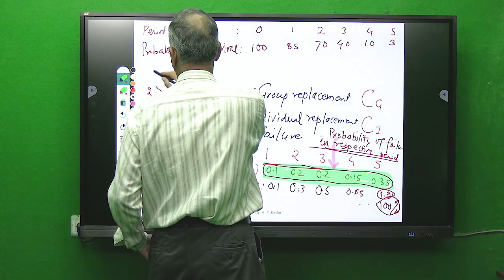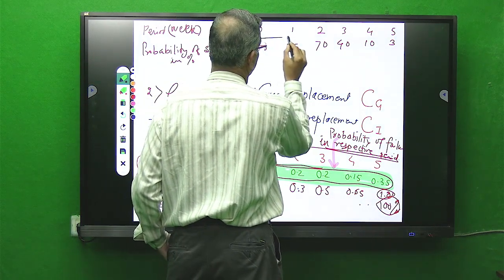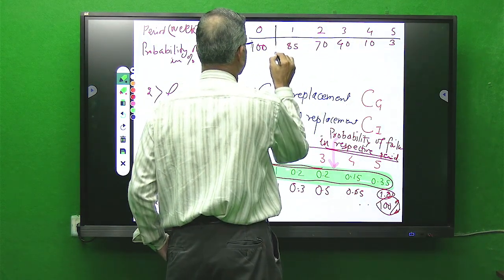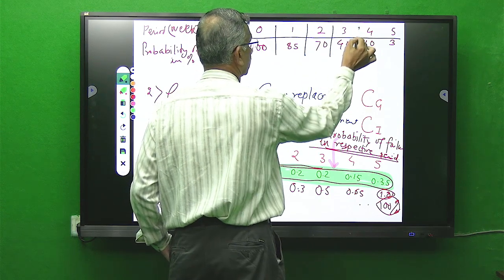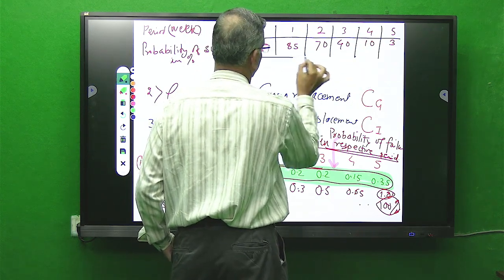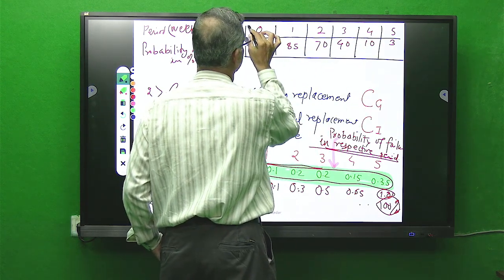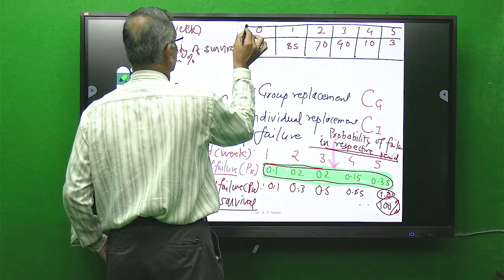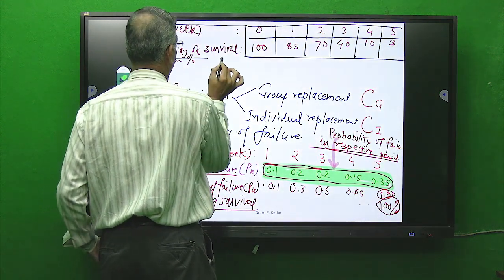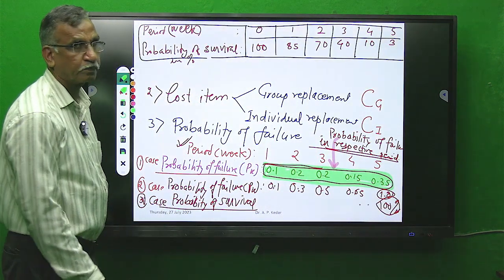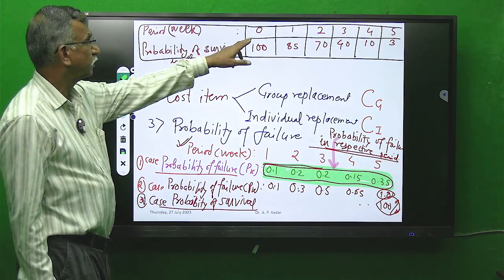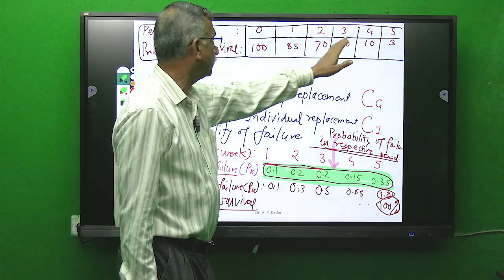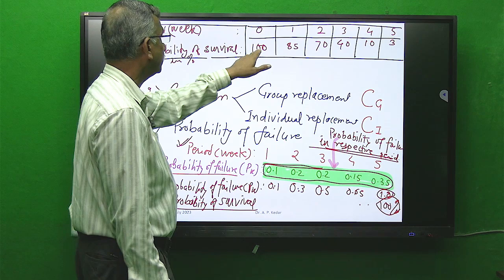Two distinct rows like this, data is given as such. Got it? So 5 weeks data and probability of survival like this.